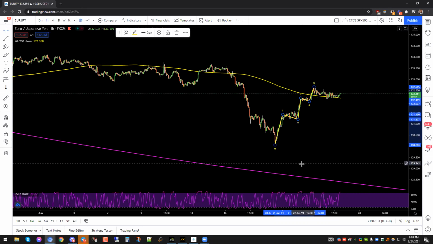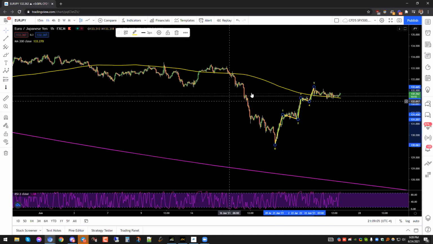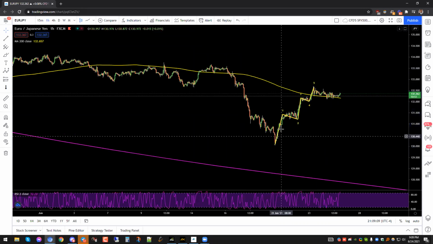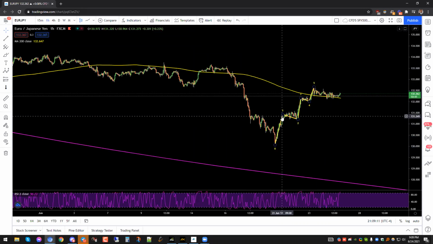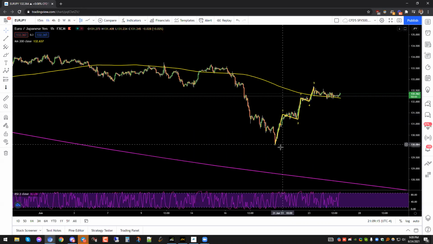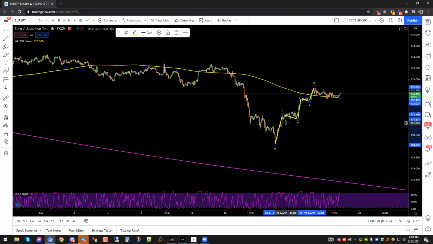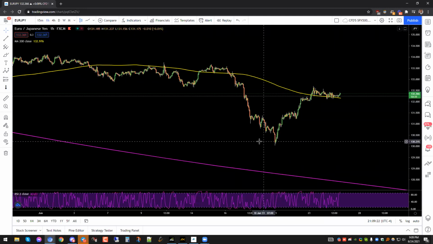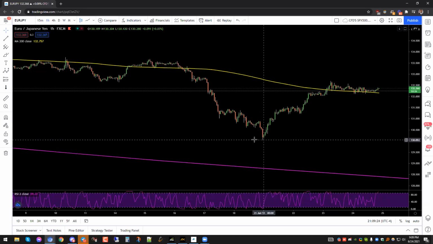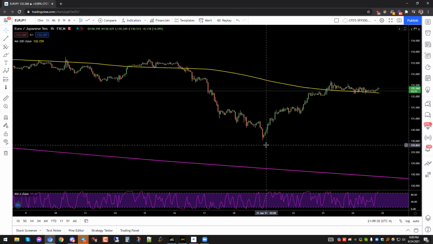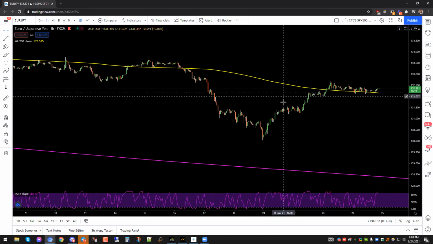Now, a lot of us may not understand when a wave is about to start or when a wave is complete. For example, let's just take this wave count off. Let's say we understood that this wave completed in this area, and we're looking to go to the buy side.